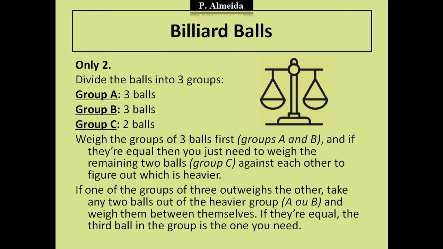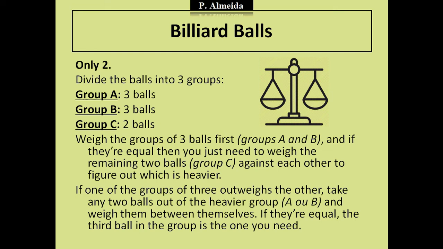Then you pick any 2 balls of that group and you weigh them against each other, one ball in each plate. If they are equal, then the ball that you have in your hand that is not on a plate is the heavier one. If they are not equal, then the ball that is lower down on the plate is the heavier one. So there you go, only 2 weighings to figure out which is the heavier ball out of the 8.